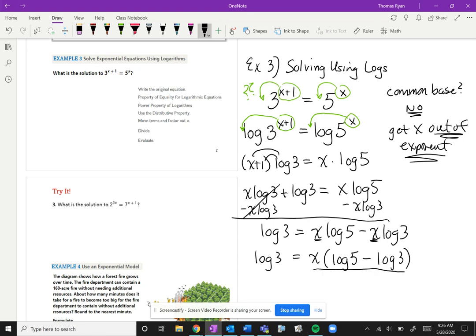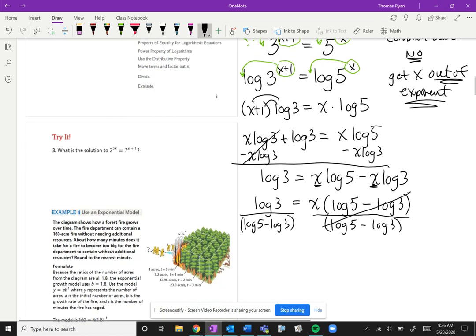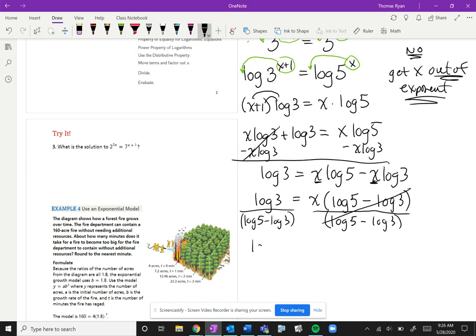Now we can just divide off this piece on both sides. Look at this, it crosses off. So what we're left with is log 3 divided by log 5 minus log 3. And look at that, it's equal to x.